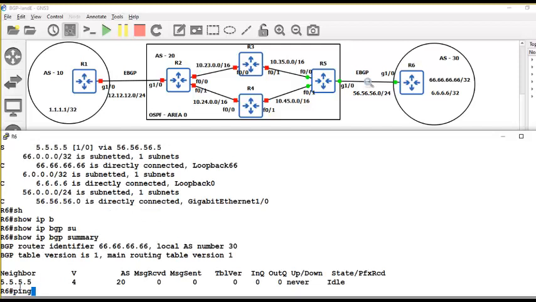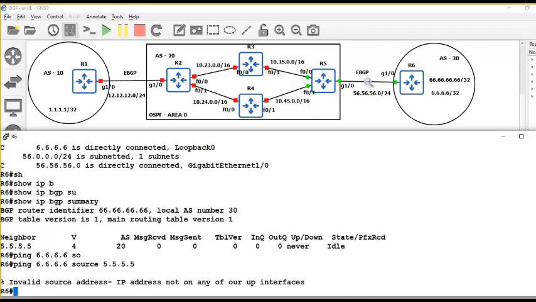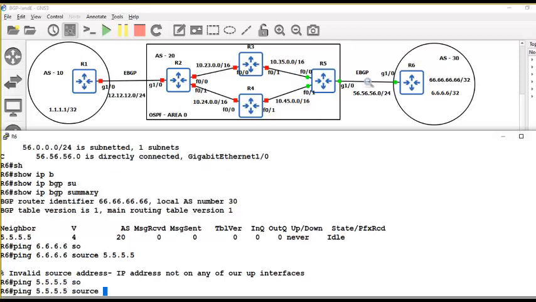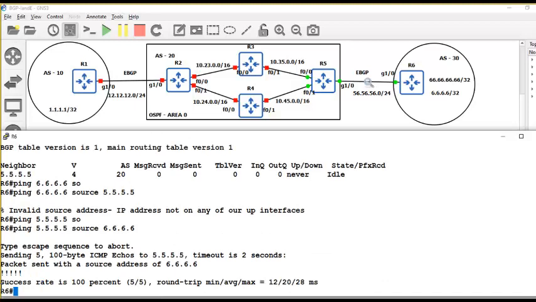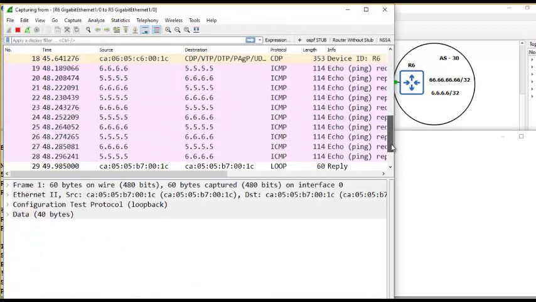Ping 5.5.5.5 with the source 6.6.6.6. You see the ICMP is going. These are all ICMP. But do we see any TCP packets?